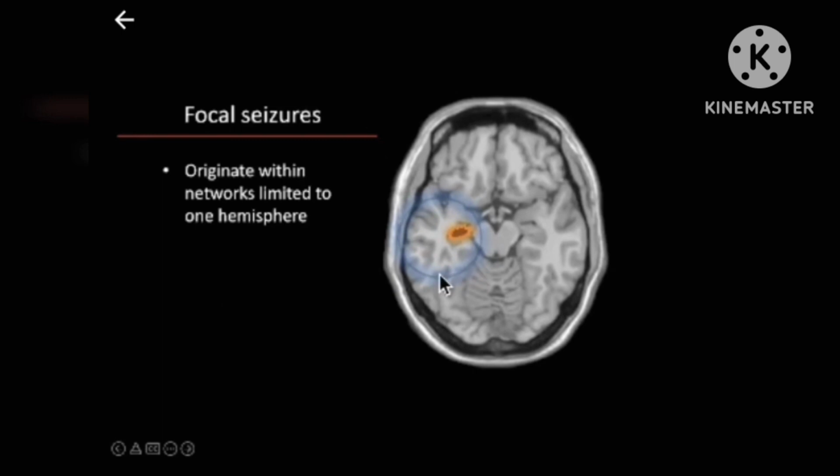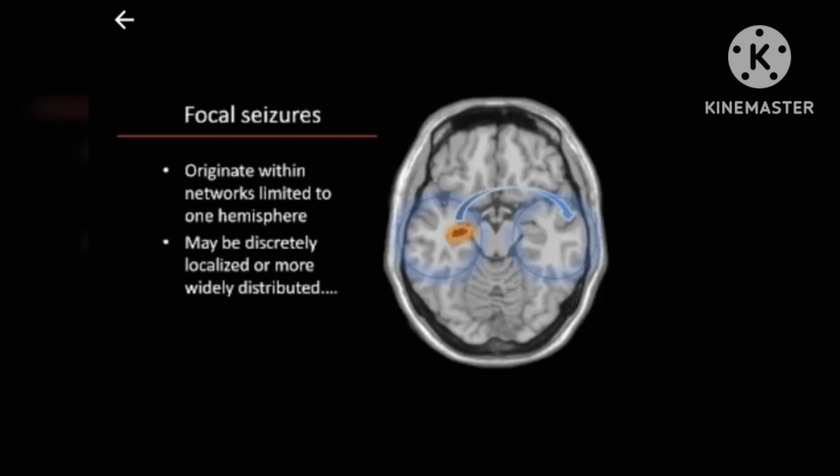Because only a small area of the brain is involved, the awareness may not be lost. Or if a little larger area is involved, the awareness may be lost. It may sometimes remain only in that region, or it can sometimes go to the other side. And when it goes to the other side, usually you lose awareness.